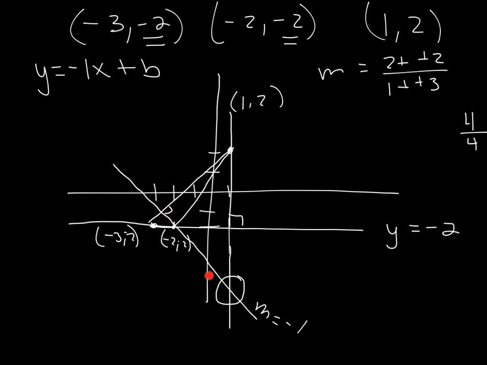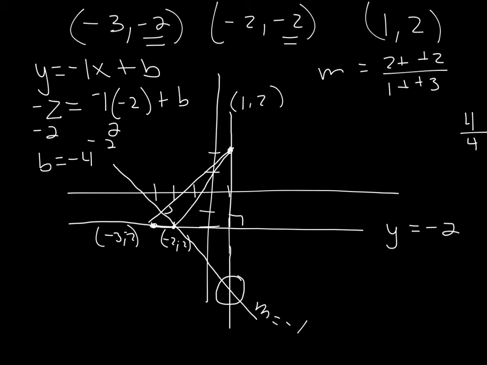What is it? -2, -2, which is this point right here. I'm going to go ahead and substitute that in. So -2 equals -1 times -2 plus b. Negative times a negative is a positive. So I'm going to subtract 2 from both sides, and b is going to equal -4.